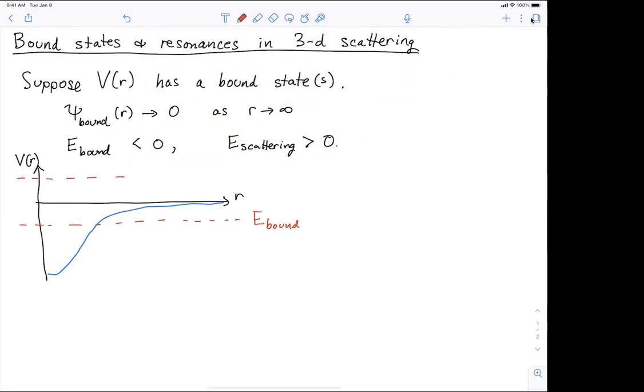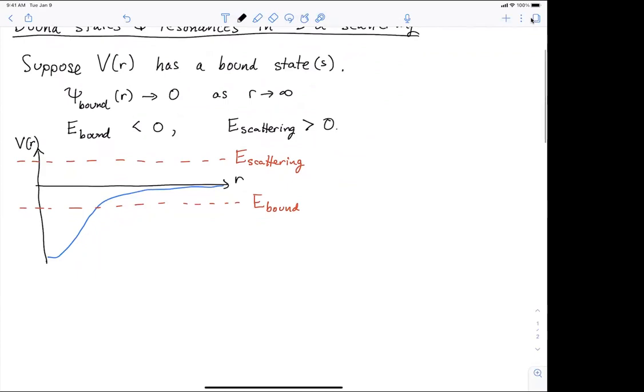Whereas if we're doing scattering, we're up here in energy somewhere. Okay, and so they live in completely different energy regimes. Different types of energies give rise to these two different solutions. Nevertheless, what we're going to find out in a little bit is that the total cross-section is affected by the presence of the bound states.